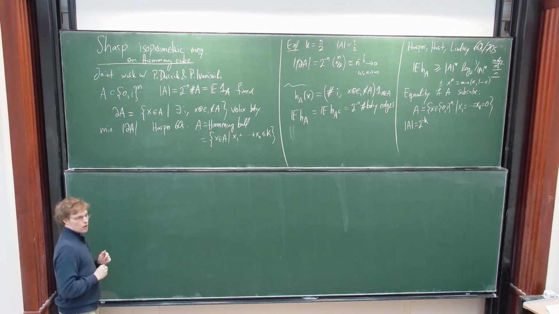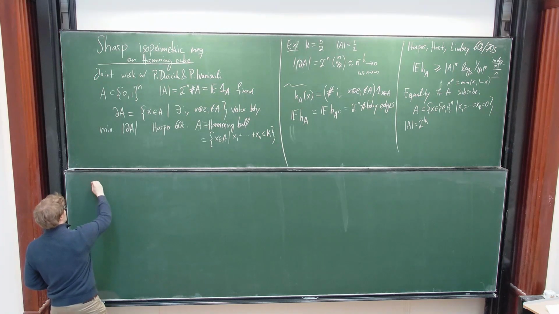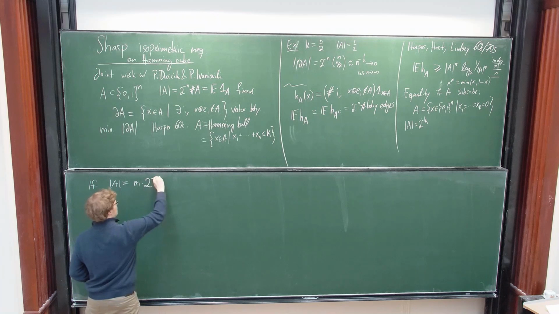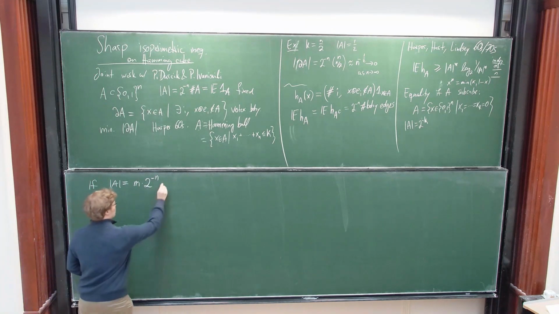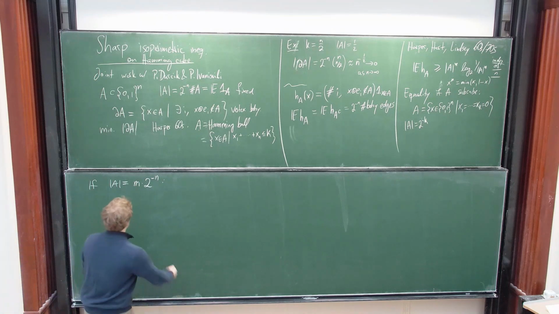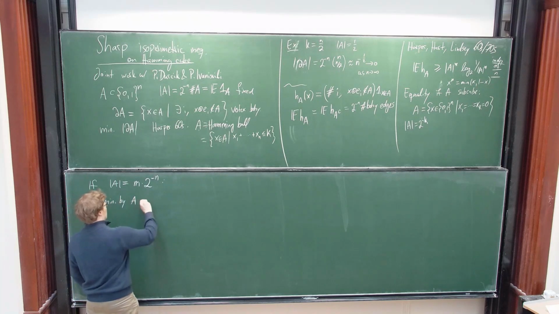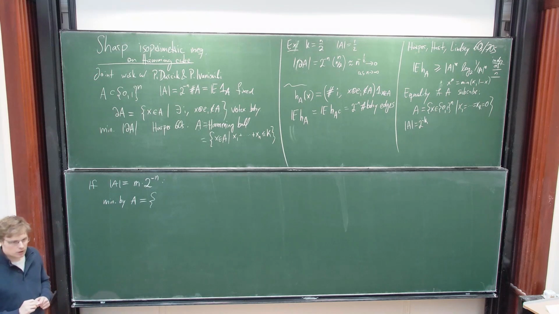Also in that case, we know the complete answer to this minimization problem. So if the volume of A is of the form m times 2 to the minus n, so this is the general form, right? The volume has to be of this form. This is saying just that A has m many vertices in it. Then it's minimized by taking m vertices in lexicographic order.